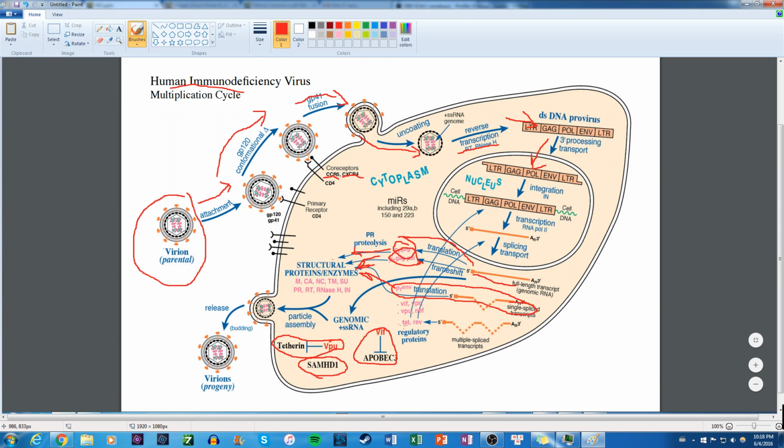You have these TAT and REV. Essentially, TAT makes it so that you get better, more efficient mRNA transcription. REV exports the mRNA transcript out of the nucleus. NEF, if I remember, is a trap.